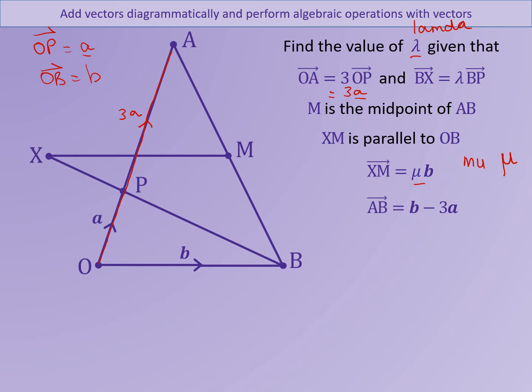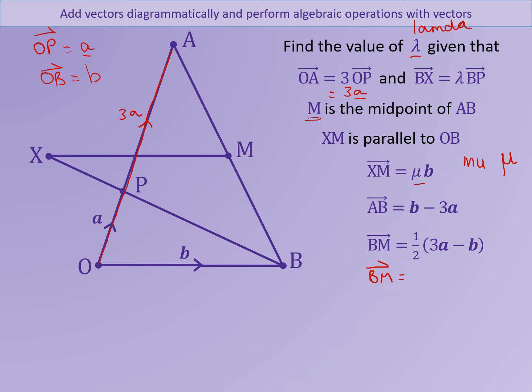Looking at BM. BM is half of AB because M is the midpoint of AB. So the next thing that we can write down is the vector BM. Now just be careful with this because BM is in the opposite direction.